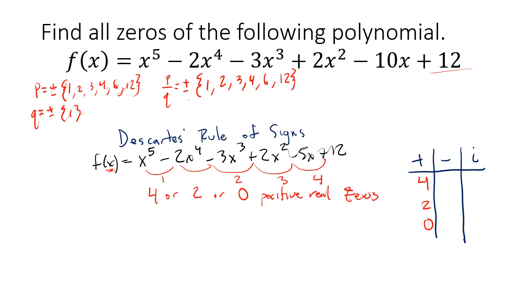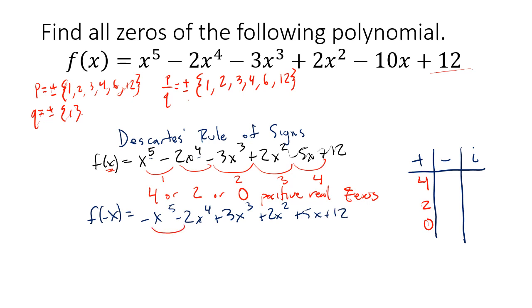Now we have to look at f of negative x. F of negative x is going to equal, the odd ones are going to change signs, and the evens don't. So this will be negative x to the fifth minus 2x to the fourth plus 3x cubed plus 2x squared plus 5x plus 12. Okay, so count the sign changes here.